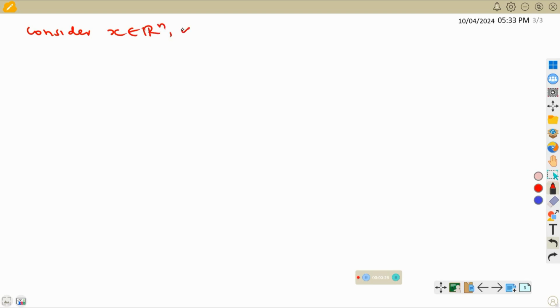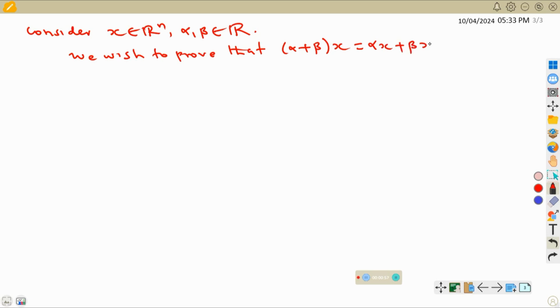We shall consider alpha and beta picked from our field R. So we need to prove this, and for that we shall consider alpha plus beta times x.